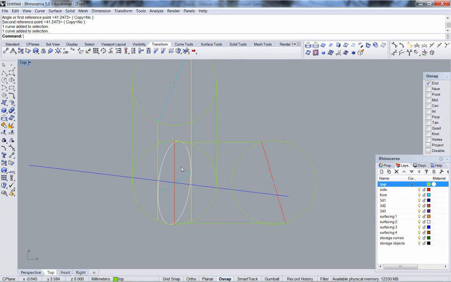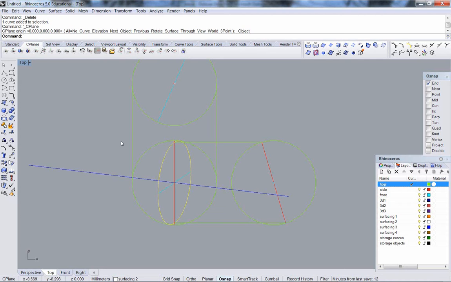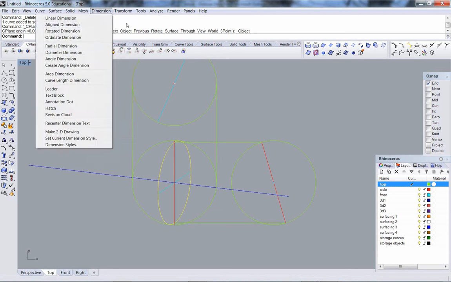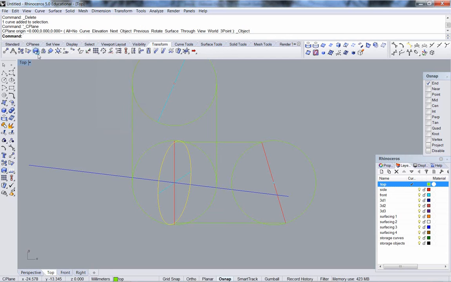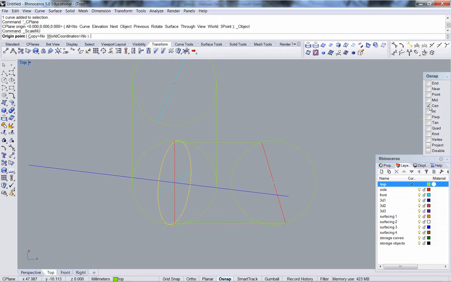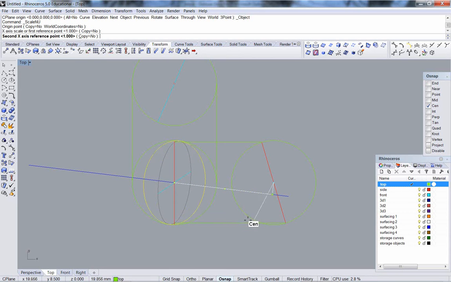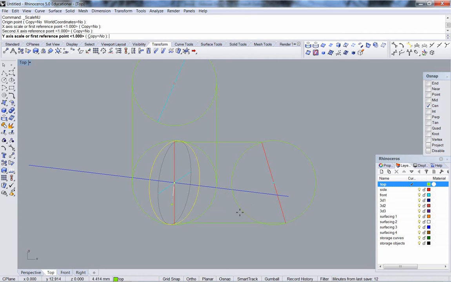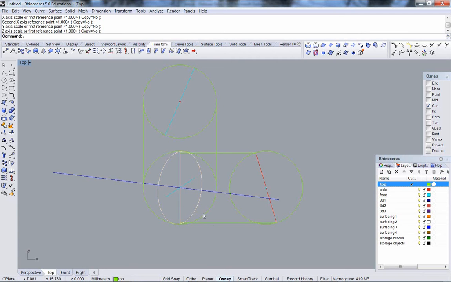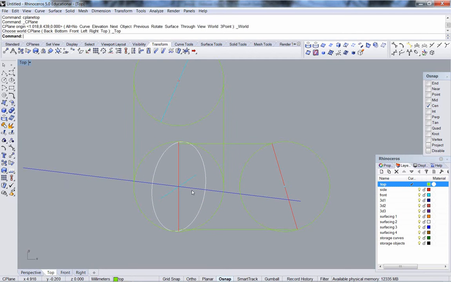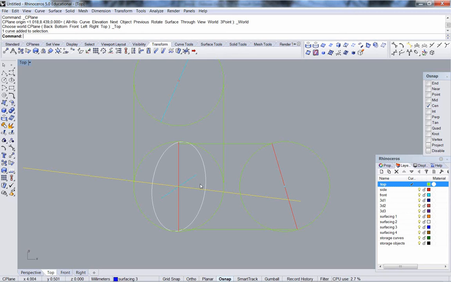The wider this ellipse is, the more of the front of the ring you're seeing. So if I make it a fat ellipse, like so, I haven't changed this axis.